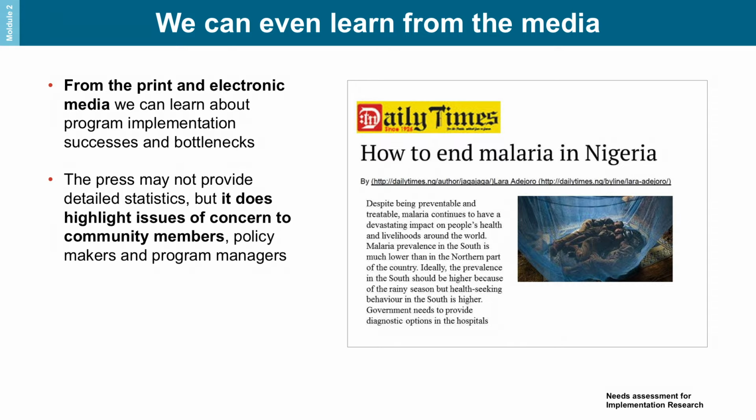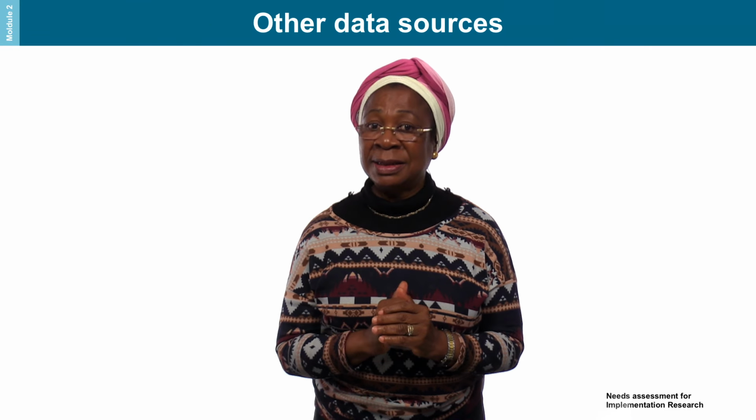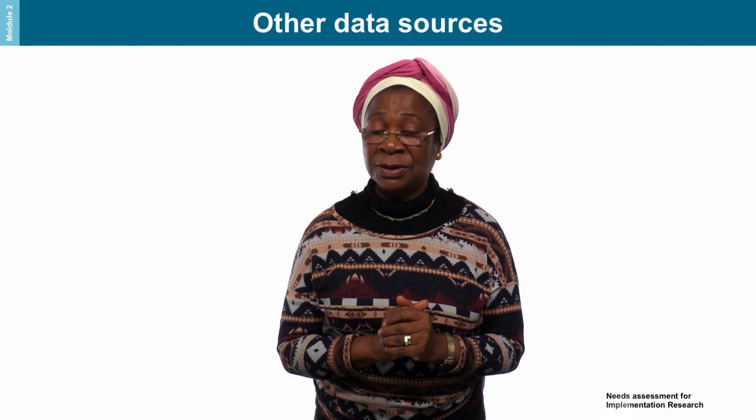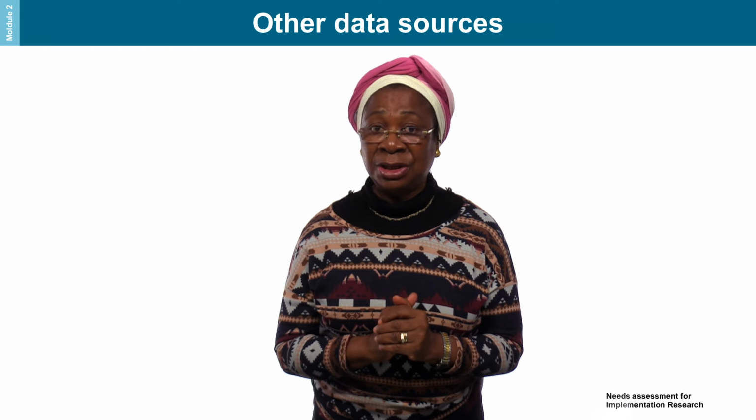We can learn also from print and electronic media about program implementation bottlenecks, gaps, and successes. The press may not provide detailed statistics, but it does highlight issues of concern to the community members, policymakers, and program managers. This is another data source for implementation research.